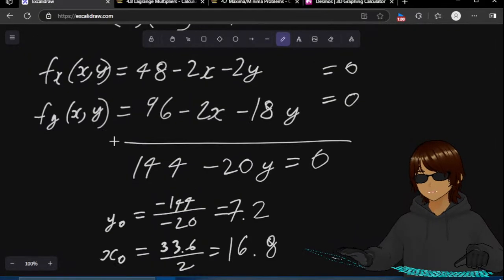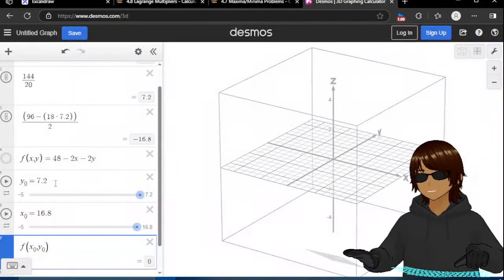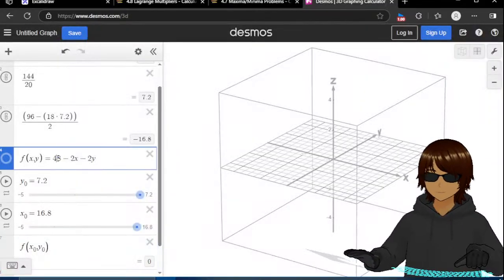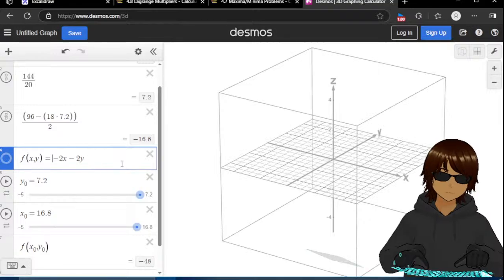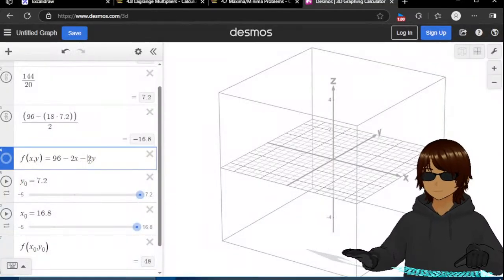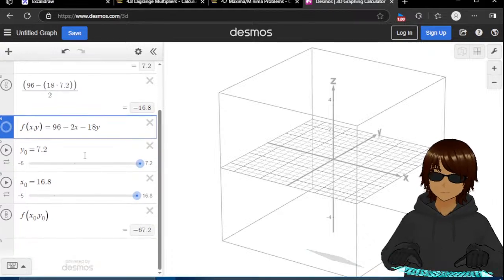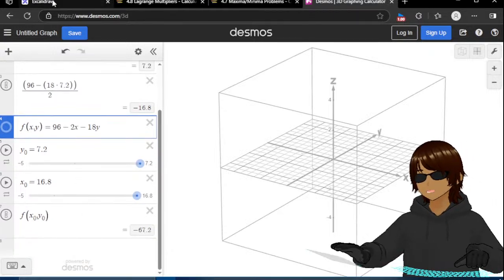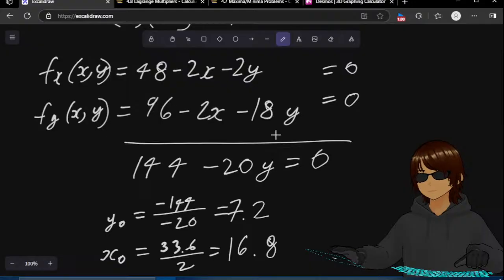So this is correct. 96 minus 2x minus 18y. 96 minus 2x minus 18y.